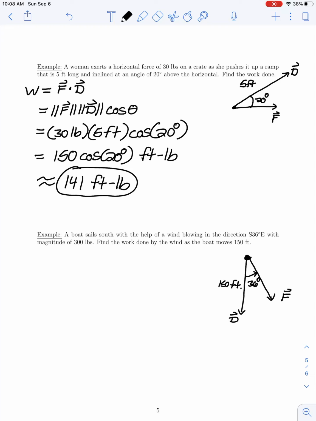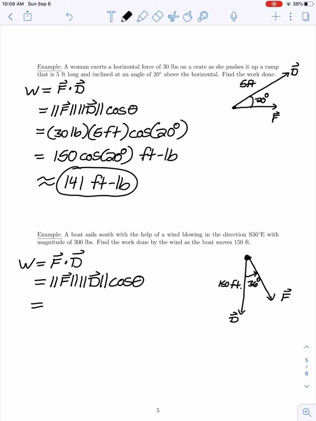So we need to find the work done by the wind in moving the boat along this displacement vector, which would be given by the dot product of the force and the displacement vectors, which is given by the product of their magnitudes times cosine of the angle between those vectors. And all of this information we're given in the problem statement.